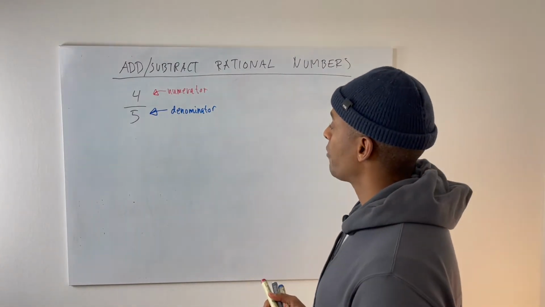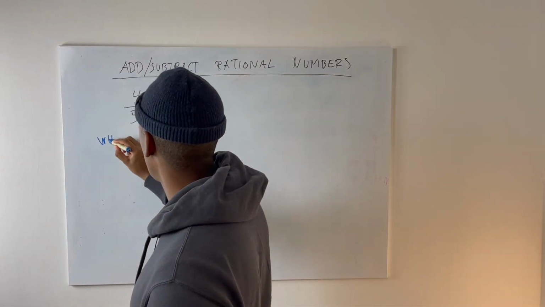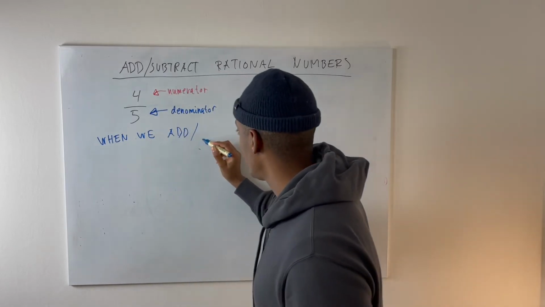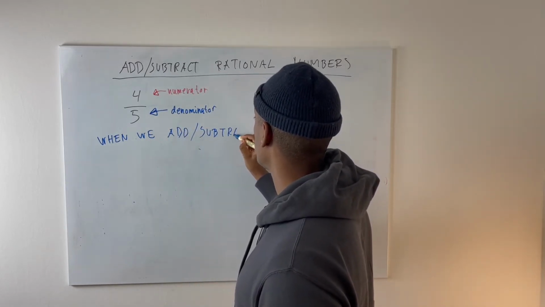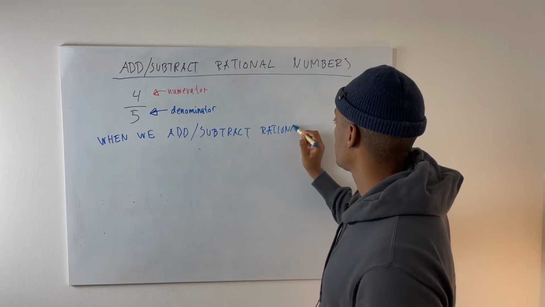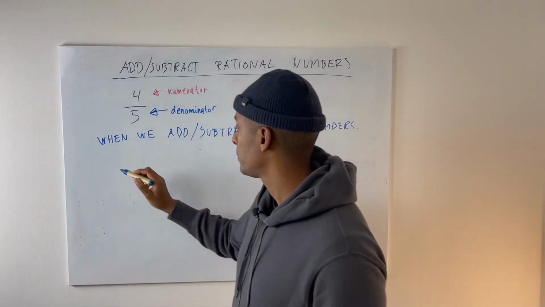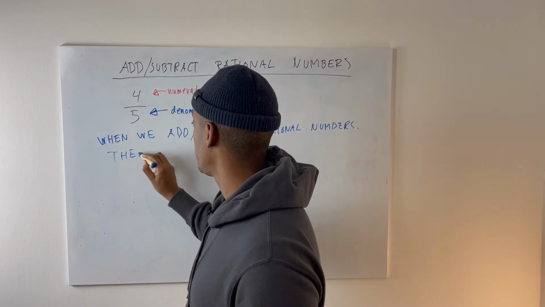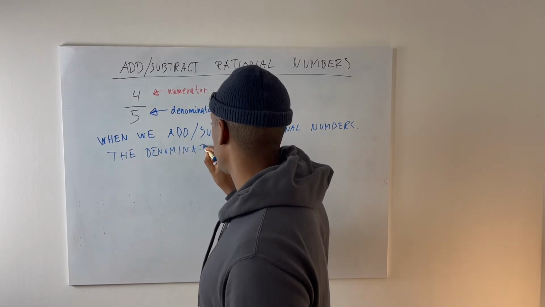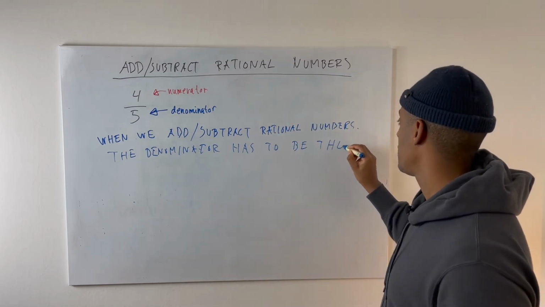So there's one rule we have to learn now. It's that when we add or subtract rational numbers, the denominator, the thing here, has to be the same.